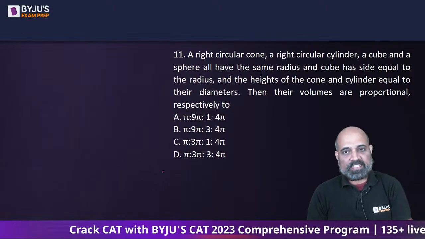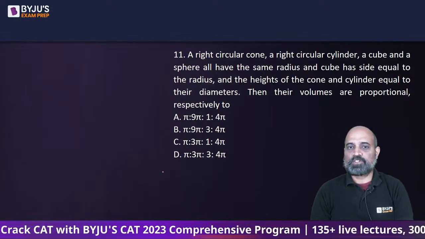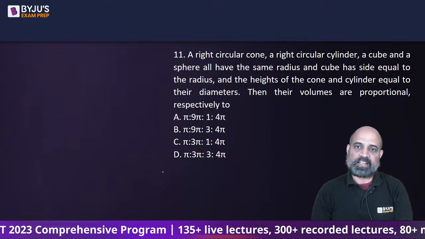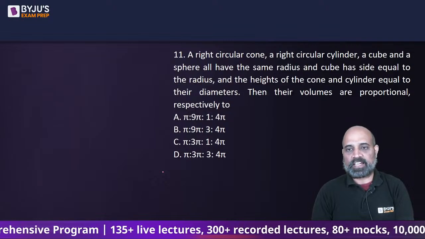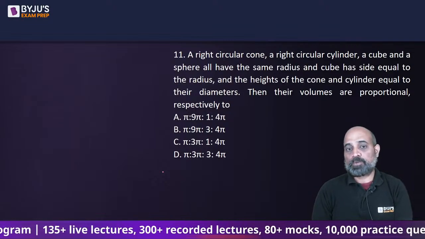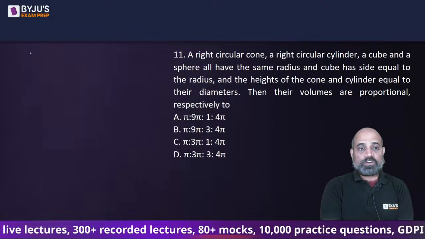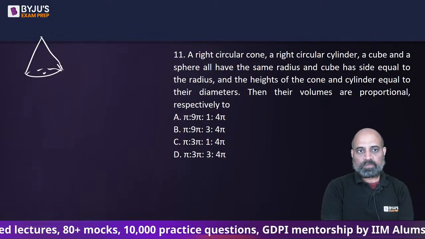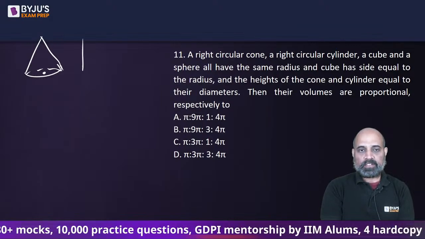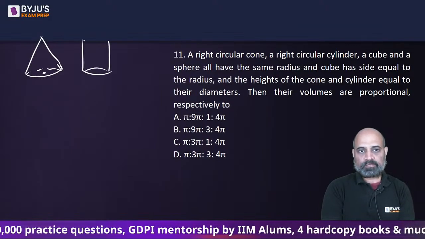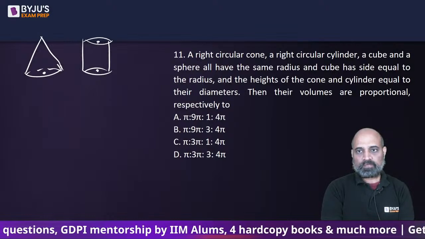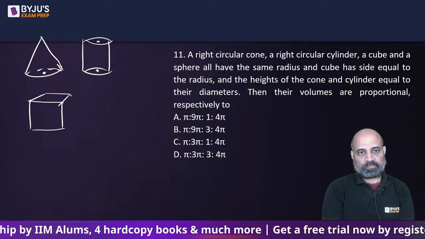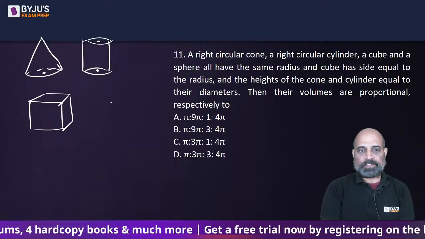Okay. A right circular cone, a right circular cylinder, a cube and a sphere all have the same radius, and cube has side equal to the radius, and the heights of the cone and cylinder equal to their diameters. Then their volumes are proportional respectively to. So we have a right circular cone, a right circular cylinder, a cube, and a sphere.